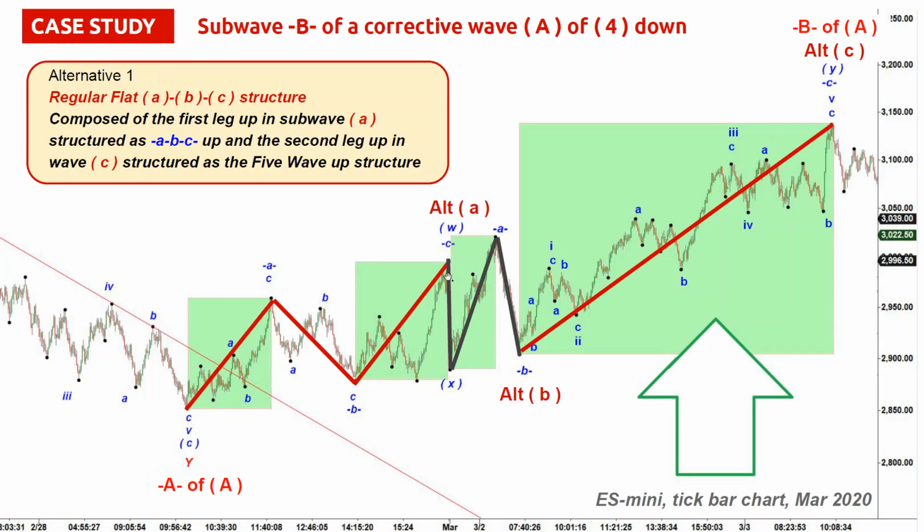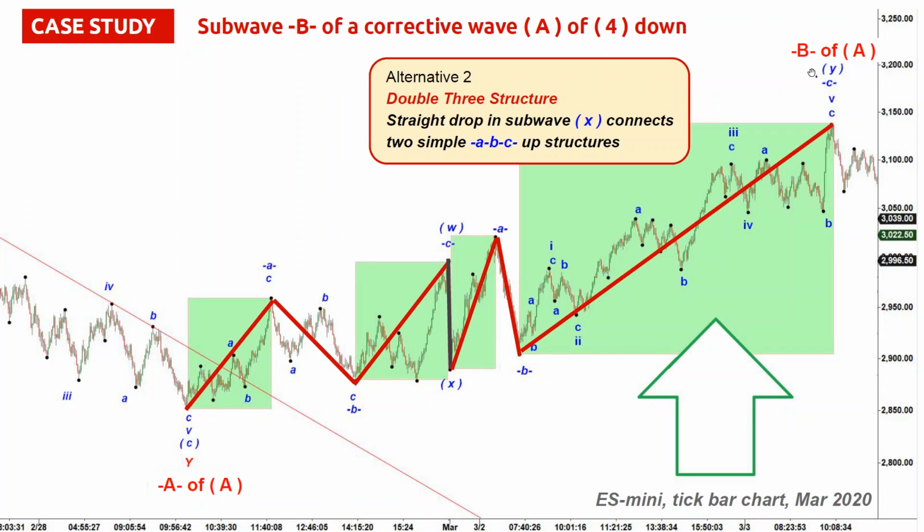Under the running flat structure, first we get A down, B up, which makes a new higher high, and C down, and together that ABC, where C is unable to retest the low made by subwave A, is called running flat, and that could be wave B. So if that zigzag up was A, that zigzag down was B, then we should expect, under the regular flat structure, the final wave C, alternative C, which should be subdivided into 5 microwaves.